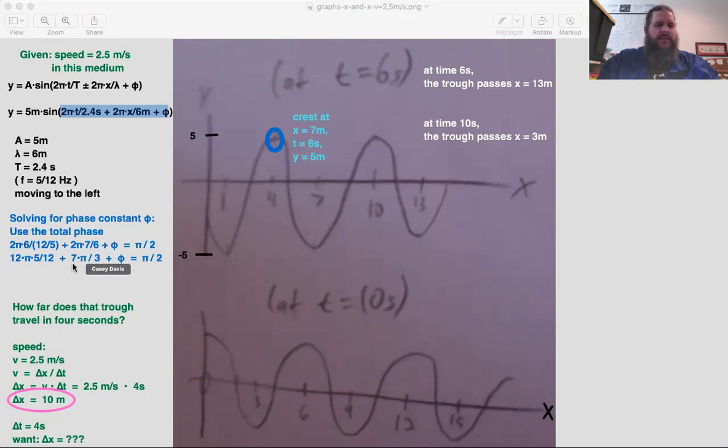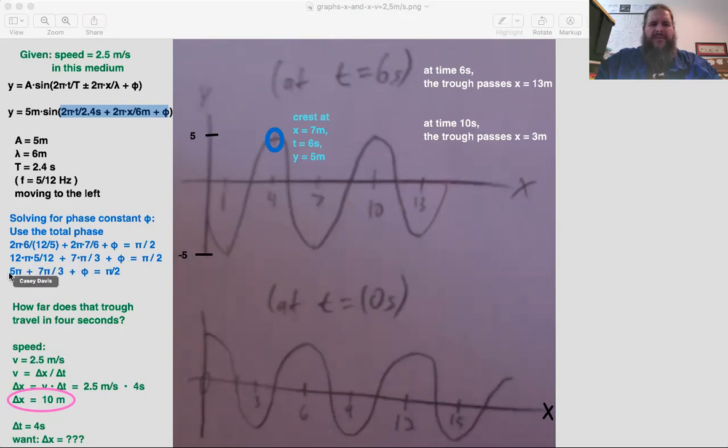But we can reduce further. For instance, 12 pi times 5 over 12, what does that reduce to? Just 5 pi? Yeah. So we got 5 pi plus 7/3 pi plus phase constant equals pi over 2.